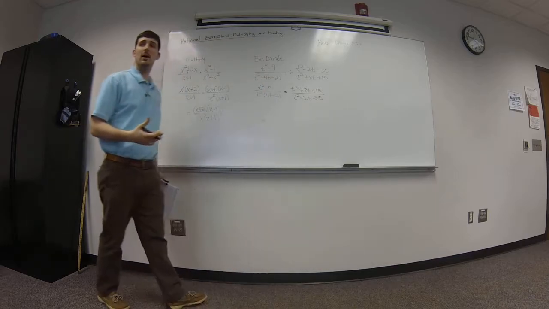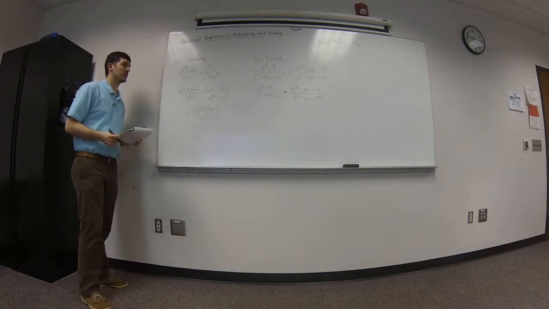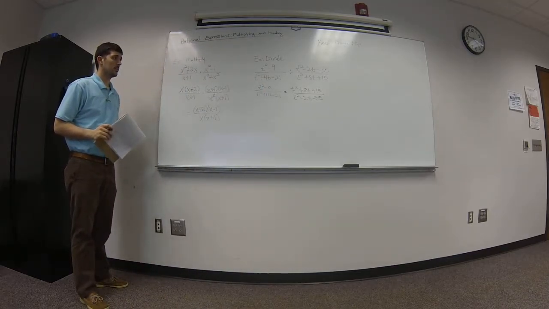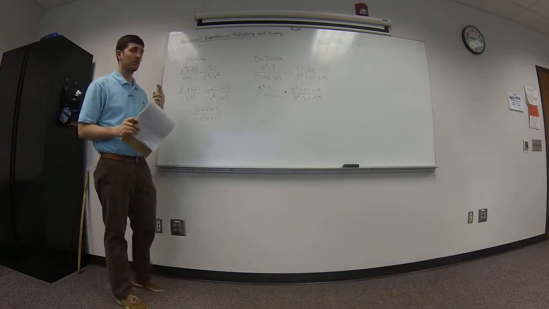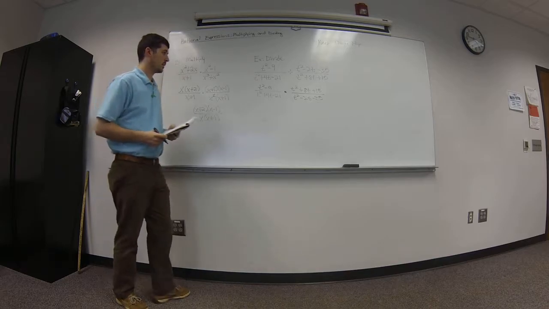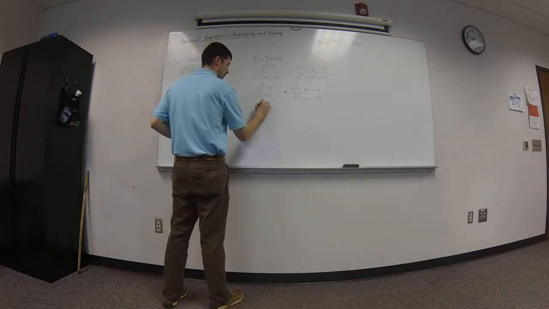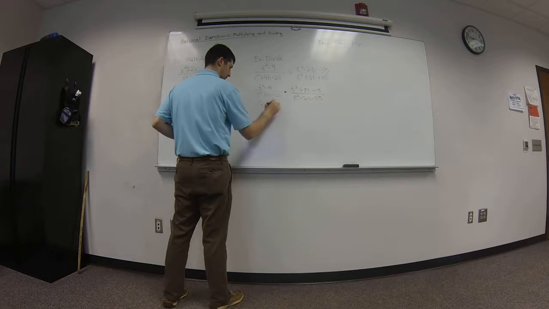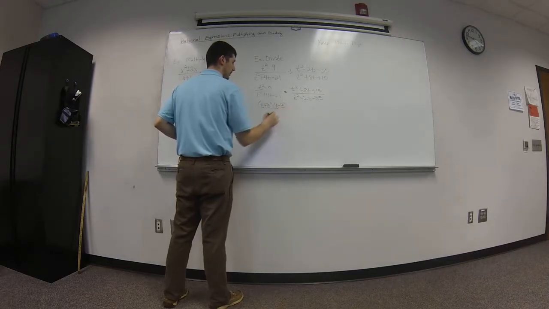And now what we have is just a multiplication problem like we just got done solving. So there's only one step different between dividing and multiplying, and that's keep, change, flip. So now let's try to solve this out. Well, this factors into t plus 3 times t minus 3.